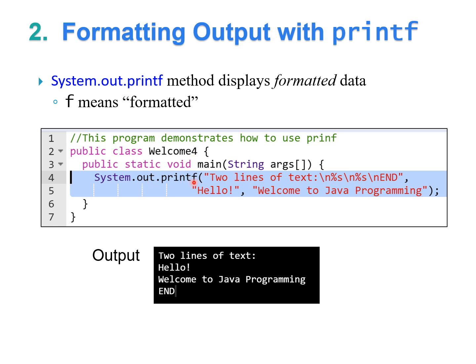It calls the printf method only once to display 4 lines of text as shown in this output window. The second and the third line correspond to the second and the third argument of printf.